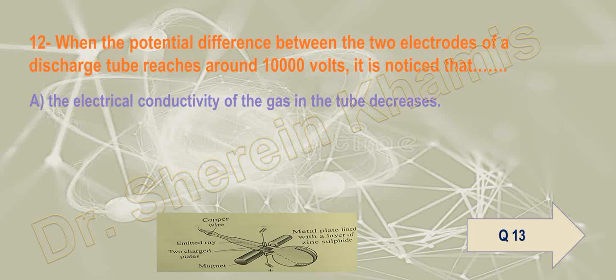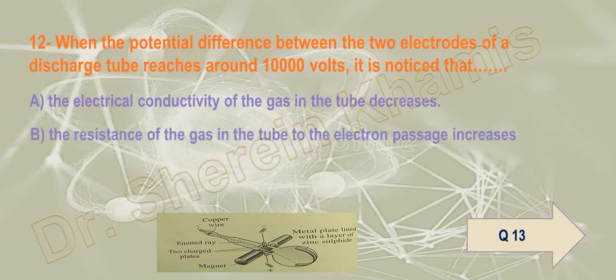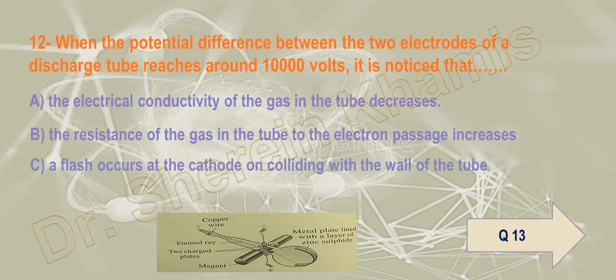Second, the resistance of the gas in the tube to the electron passage increases. Maybe, I don't know. A flash occurs at the cathode on colliding with the wall of the tube.